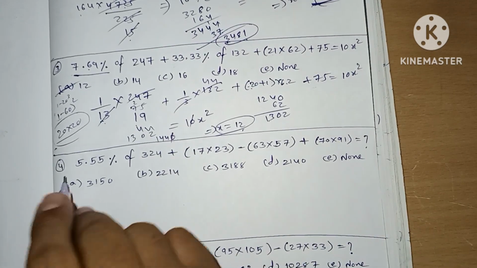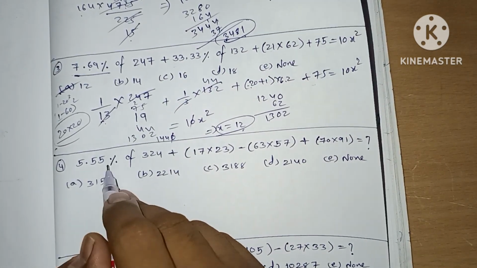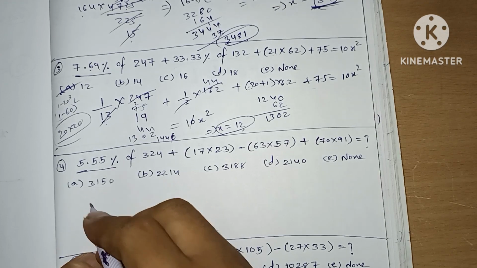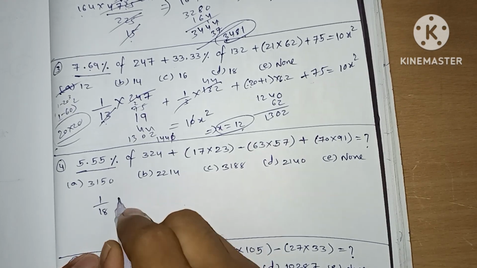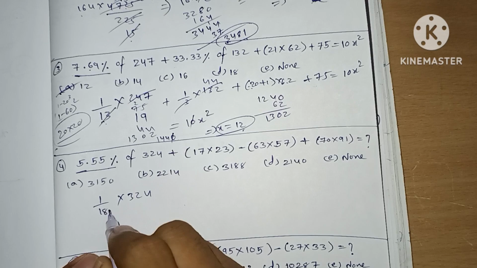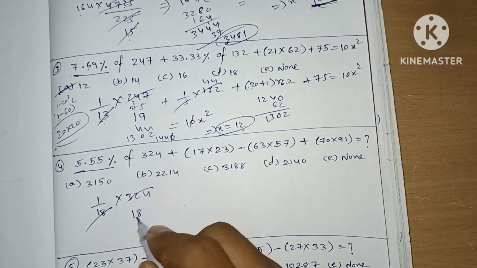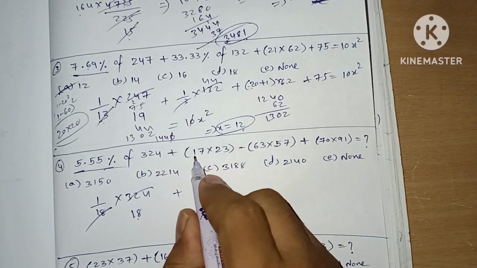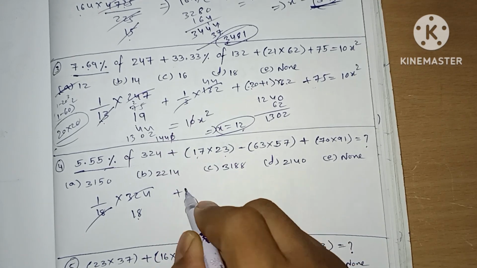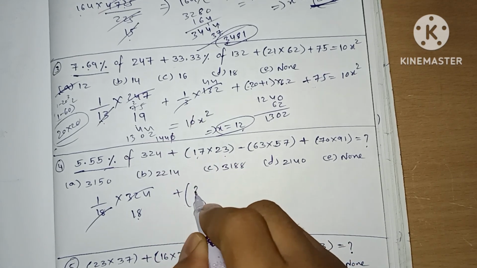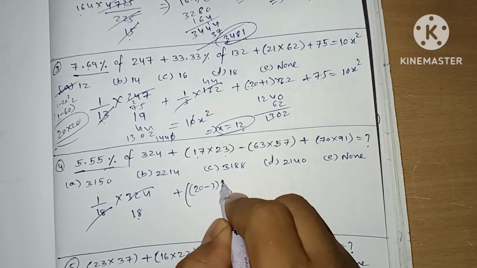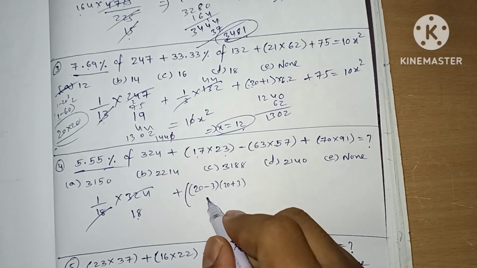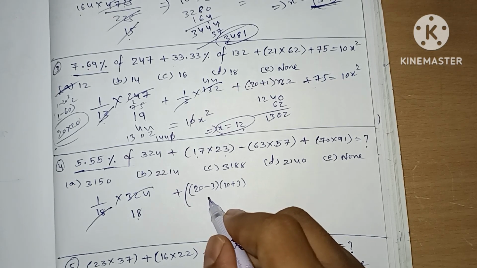Next question. Here it is 55.55 percentage of 324. I remember this fraction value is nothing but 1 by 18, into 324. 18 times will be 324. So the value from this one is 18 plus 17 into 23. I clearly see here it is 20 minus 3 and 20 plus 3. This is the a minus b into a plus b formula, which equals a square minus b square.